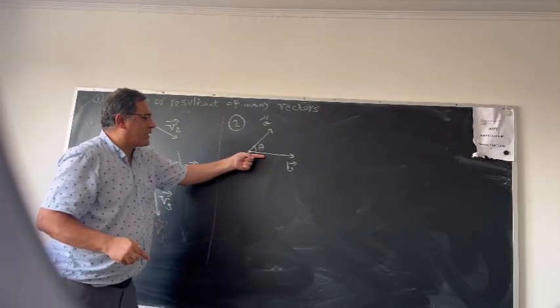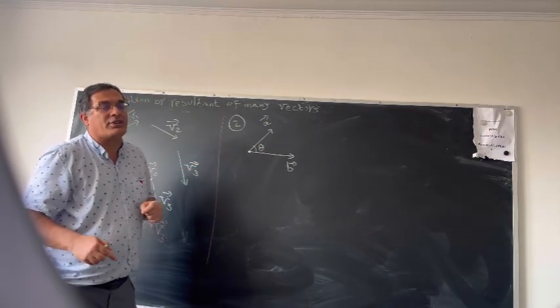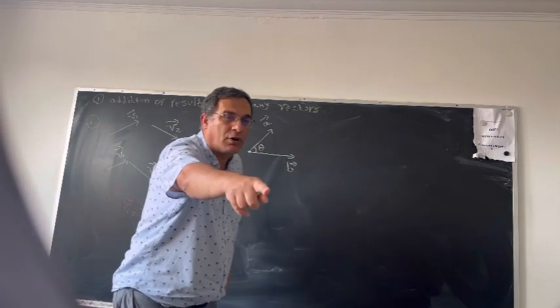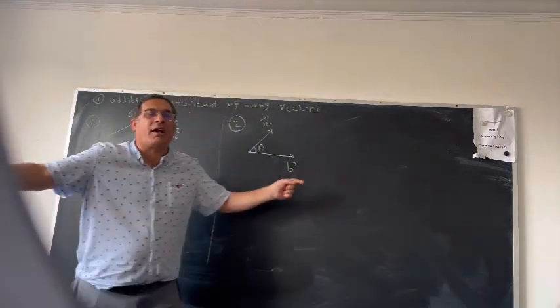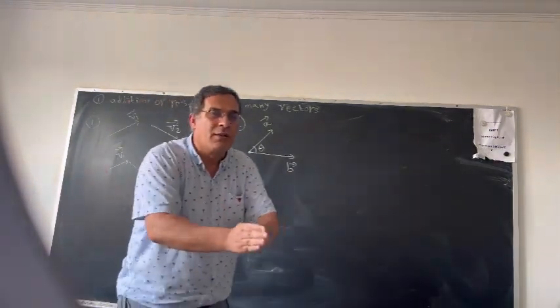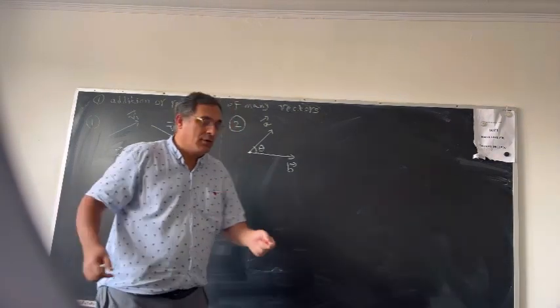So you have two vectors making the angle theta: minimum 0, maximum 180.